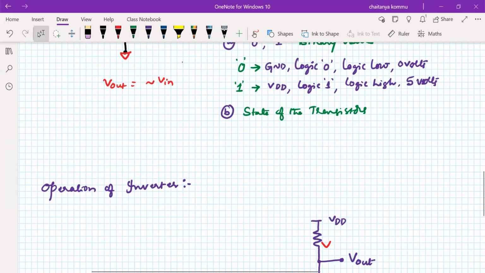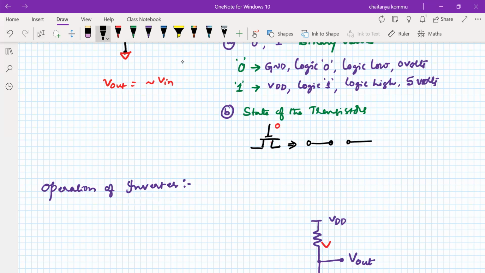A simple notation: for example, consider an nMOS transistor. If you apply logic 0, or binary 0, at the gate, it will be considered an open circuit. It is open, or called an off transistor.